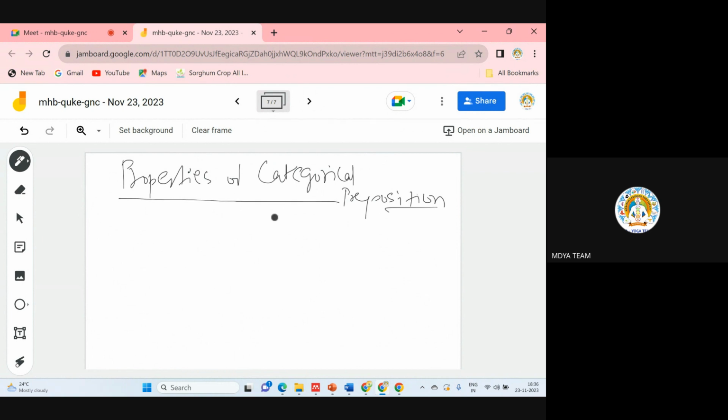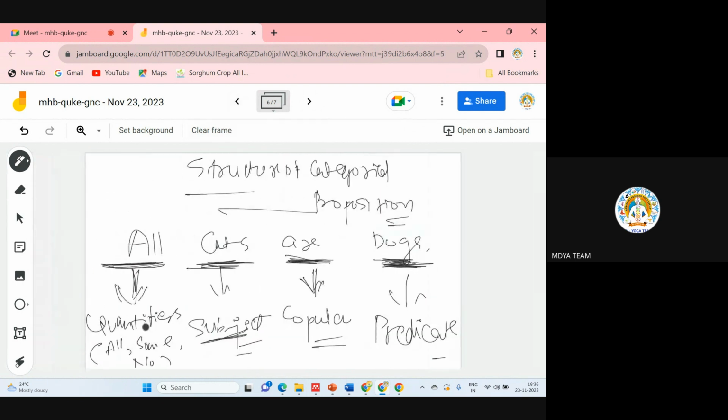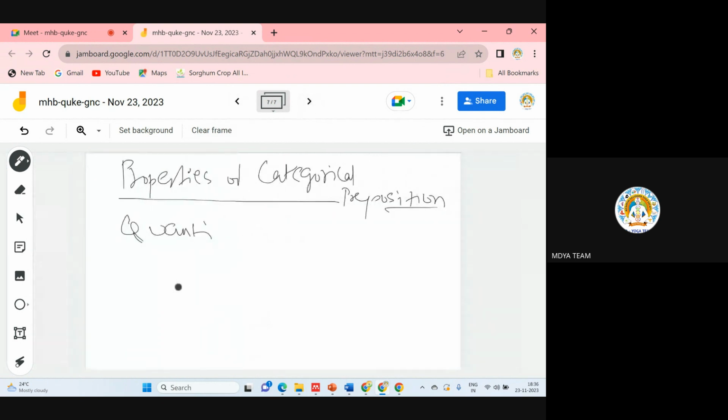Properties of a categorical proposition. First is quantity, and this property is carried by these quantifiers.